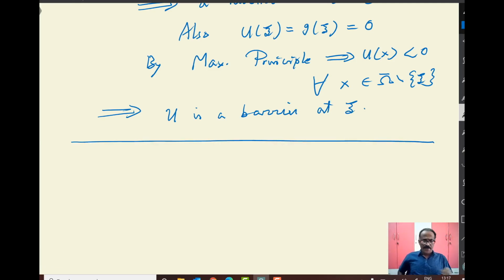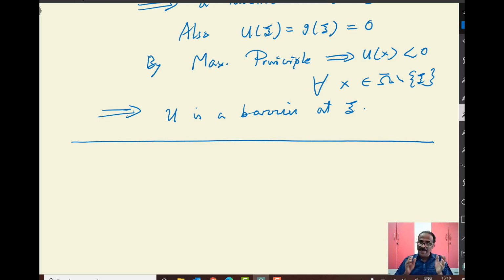I thought of giving some examples, but it may take a little more time. So maybe I will do that in the next class, even though we are going to have a Newtonian potential. Some remarks of 5 to 10 minutes I require, so maybe this lecture will not be able to do it.